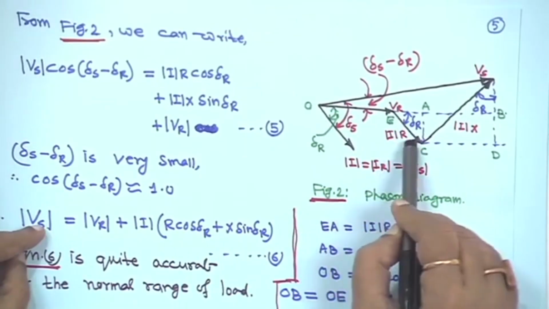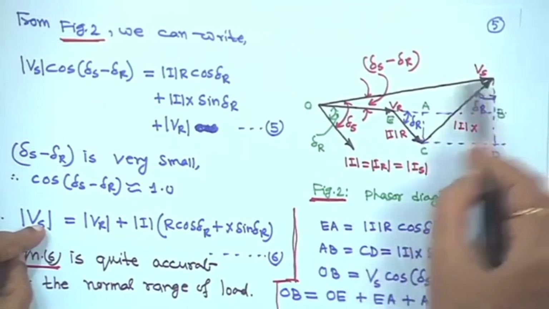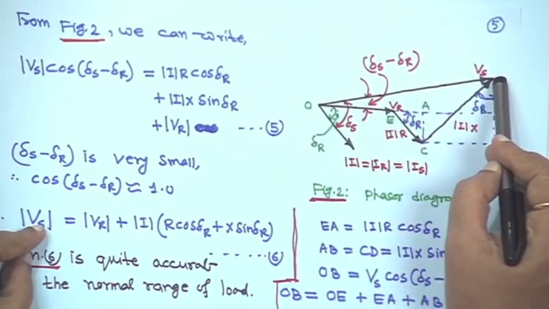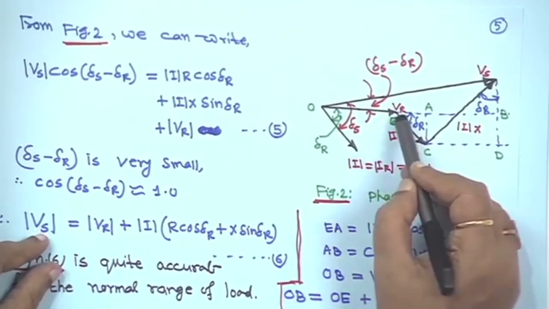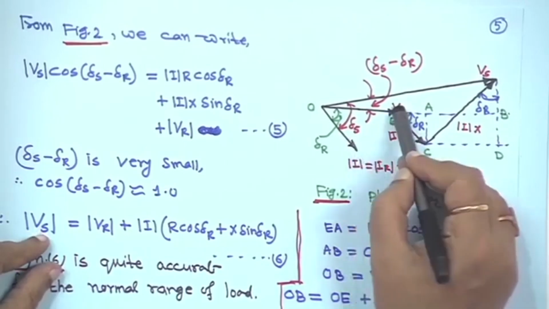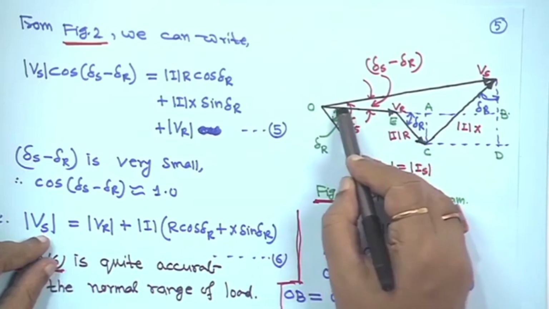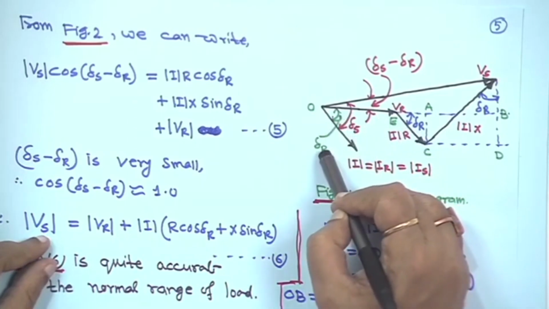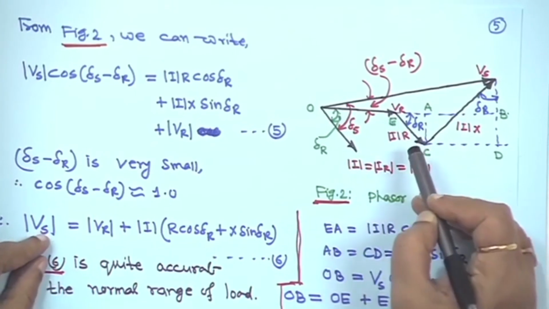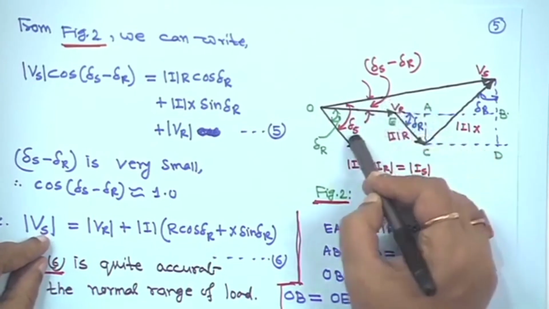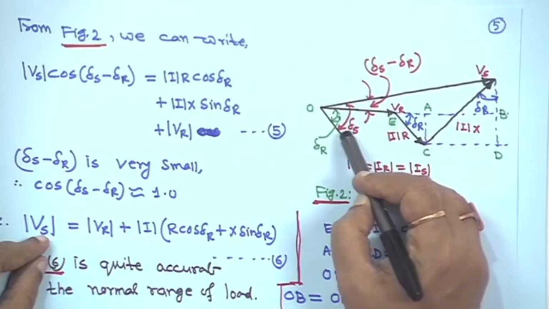This is IR, I have taken the magnitude here, this is IX, and this is the voltage Vs. The angle between I and Vr is delta R, this green color, and the angle between Vs and I is delta S, this red color.